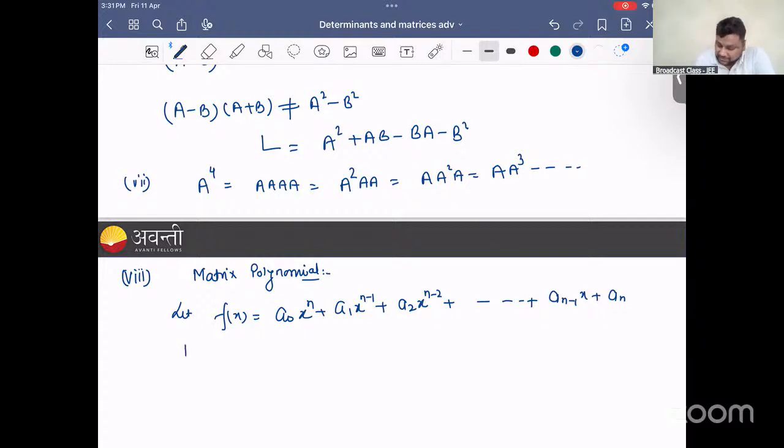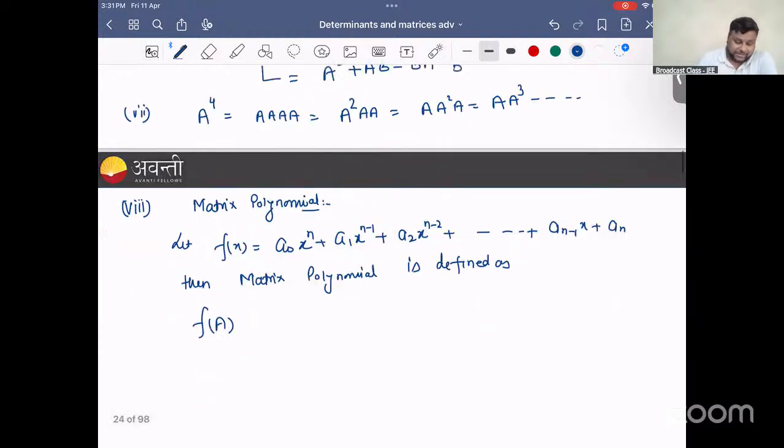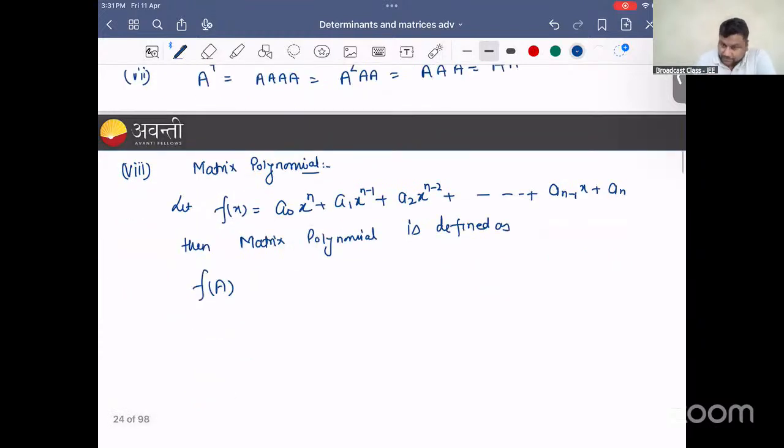Then matrix polynomial is defined as f of A, where A is a square matrix. So f of A will be a naught A to the power n plus a1 A to the power n minus 1 plus a2 A to the power n minus 2, and so on, plus a n minus 1 A plus an.